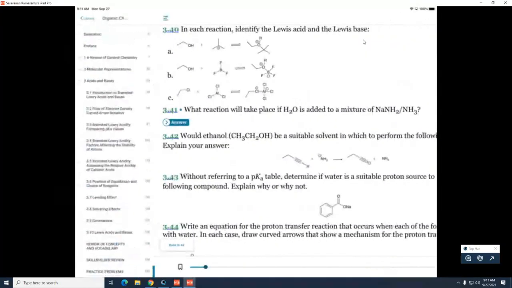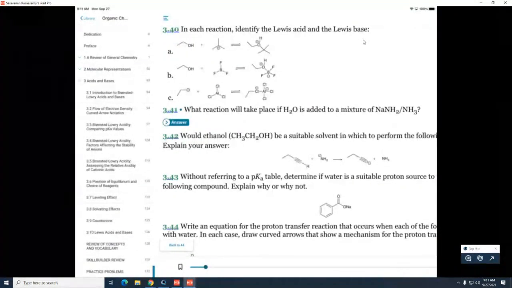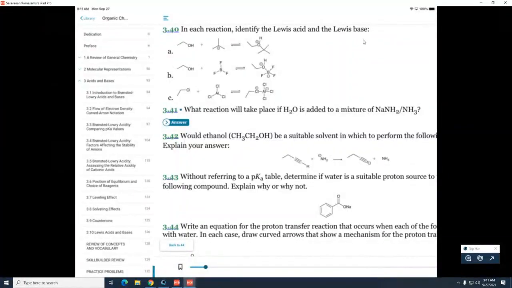If you want, you can read section 3.9, counterions. It's a small half-page or one-page section that talks about why we put sodium next to a negatively charged compound. We put either sodium or potassium most of the time. They're just counterions. They don't do anything, they make that negatively charged molecule stable by making ionic bonds.